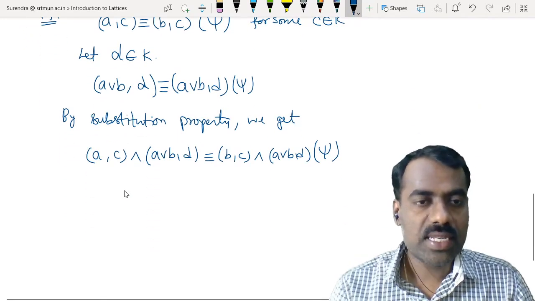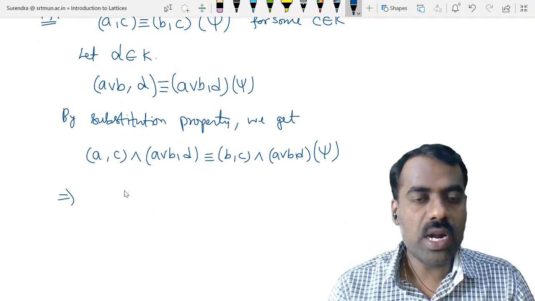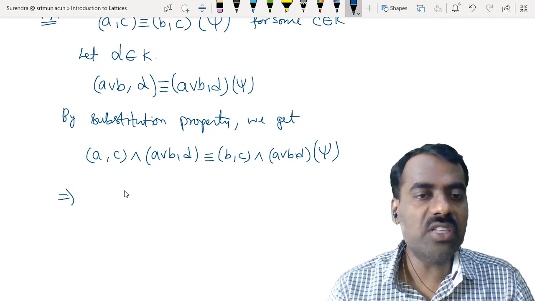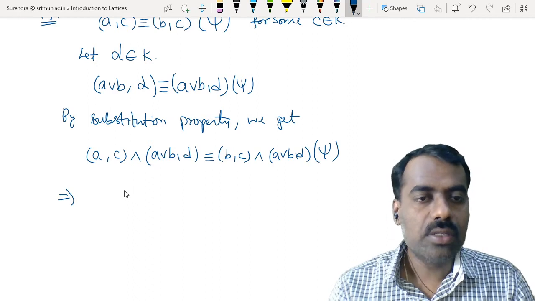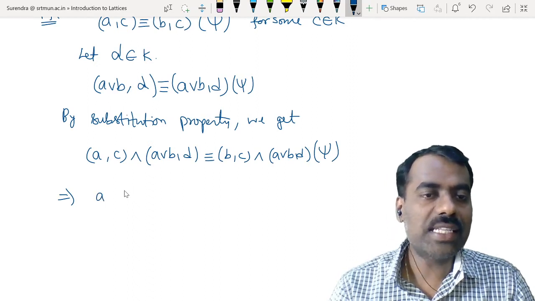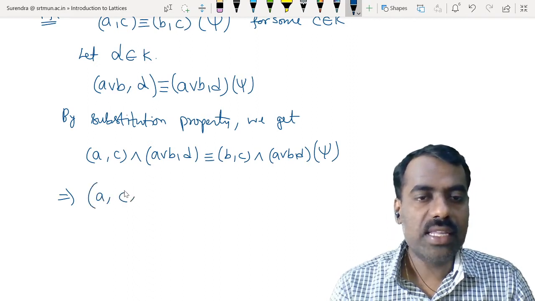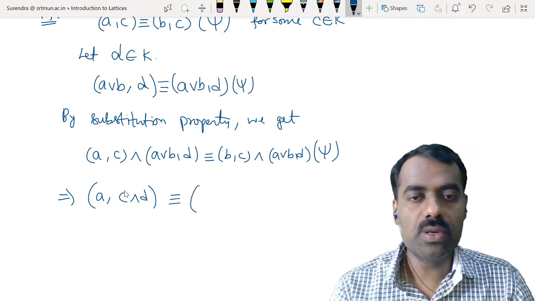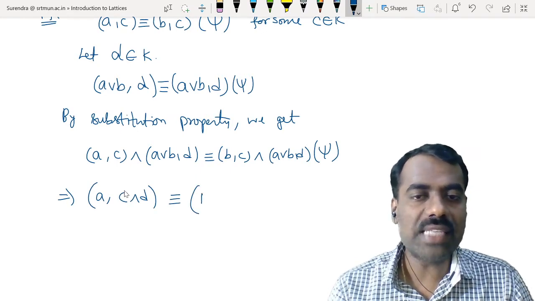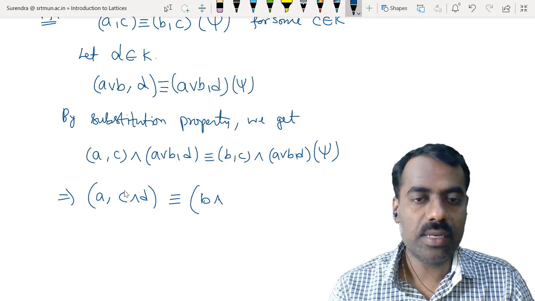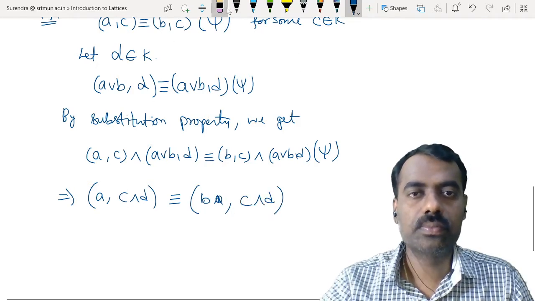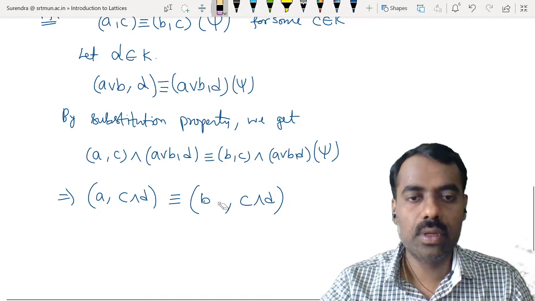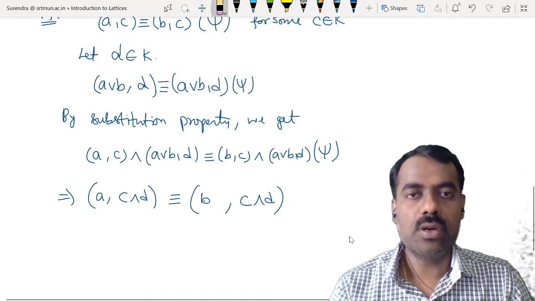But what is this? This is the same by coordinate-wise meet. A meet A join B is the same as A, because A is smaller, so I get A here. Then C meet D is congruent to, similarly, B meet A join B is the same as B, comma C meet D, modulo psi, right?